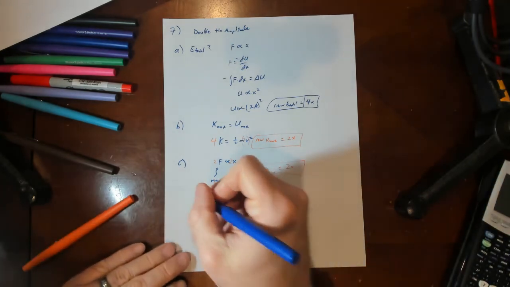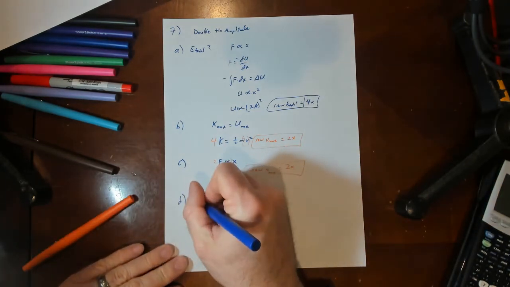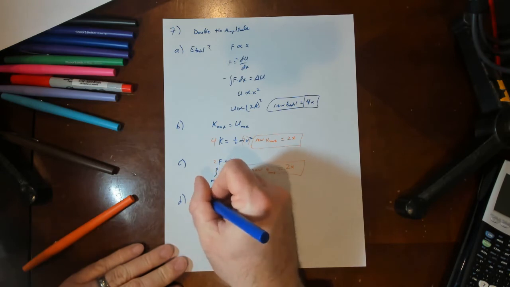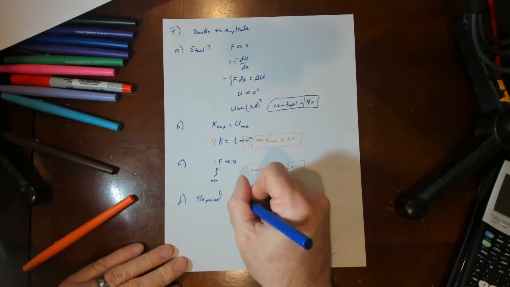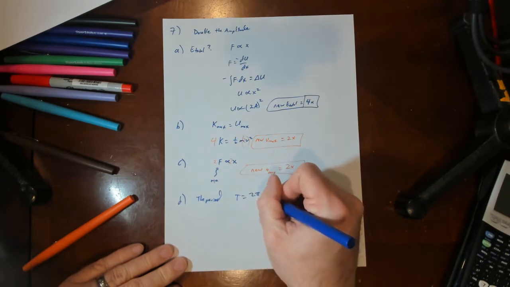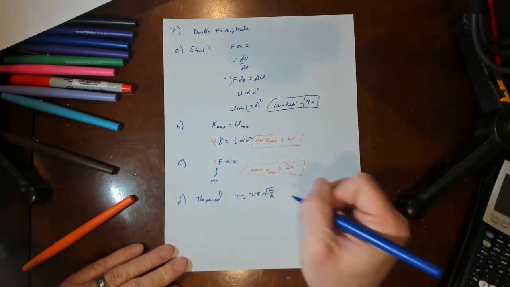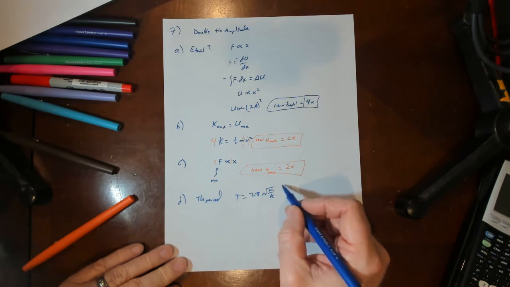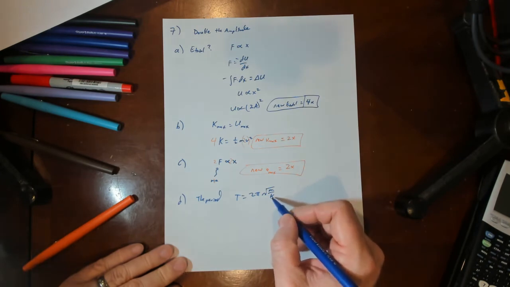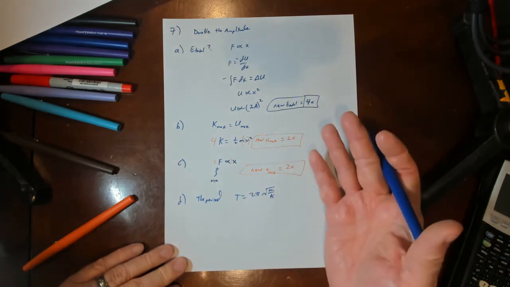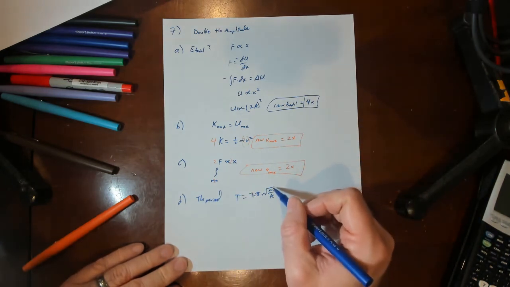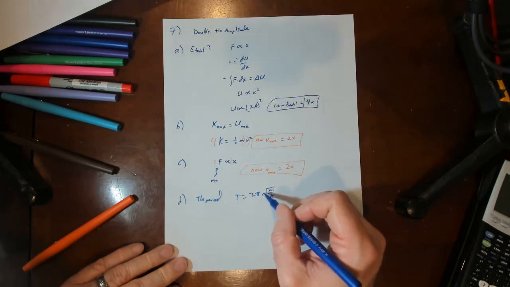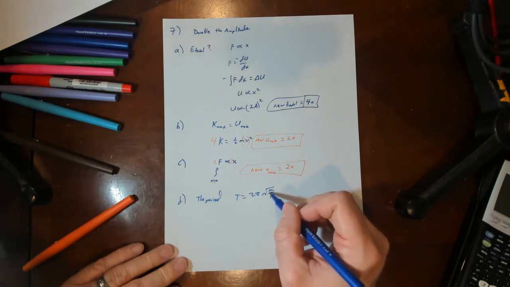Okay, which takes us to part D, which asks about the period. And you say, well, I know that T is 2 pi root m over k. We did not change the mass of this oscillator. We didn't change the spring constant. Now, again, technically, this isn't necessarily a mass on a spring. But the point that I'm getting at here is that the period depends on just these physical quantities of the system.